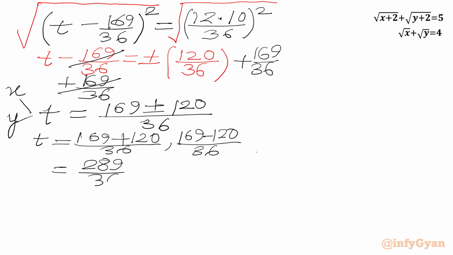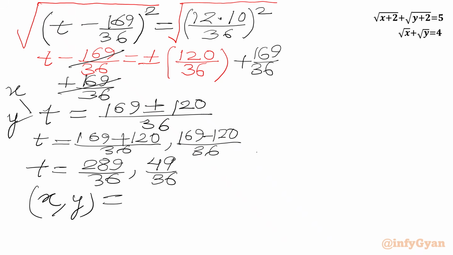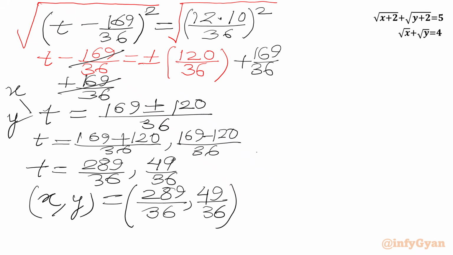The denominator is 36. 169 minus 120 will be 49. The denominator is 36. Here we will write x comma y. So I can write my answer x comma y as 289 over 36 comma 49 over 36, or we'll swap x and y. We'll write 49 over 36 comma 289 over 36.